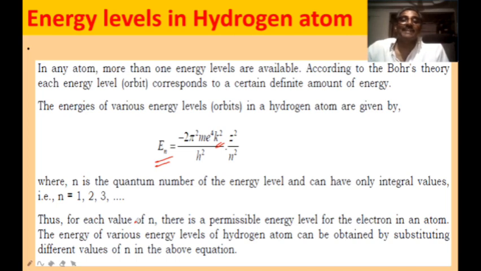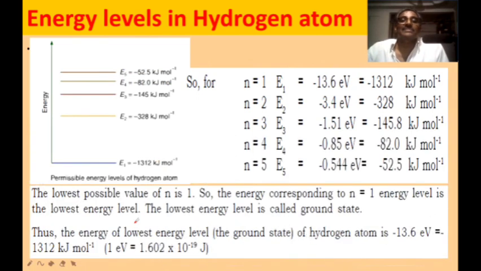For various energy levels, if z is taken as 1 and n values are substituted for hydrogen atom, for n is equal to 1, the energy is equal to minus 13.6 electron volts or minus 1312 kilojoules per mole. We already discussed the relation between electron volt and kilojoule.